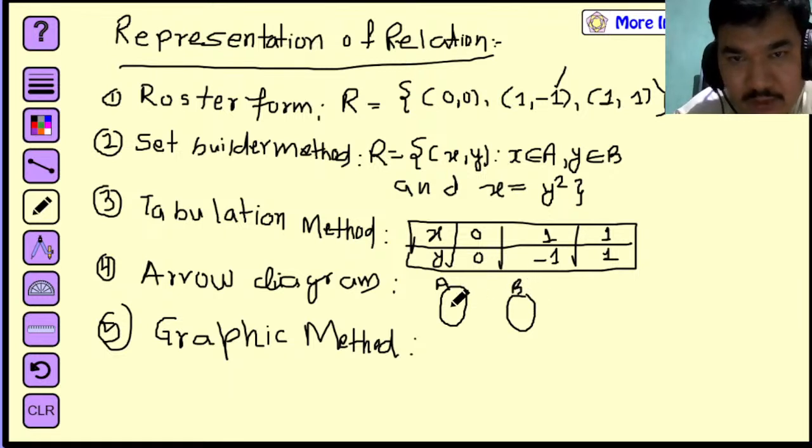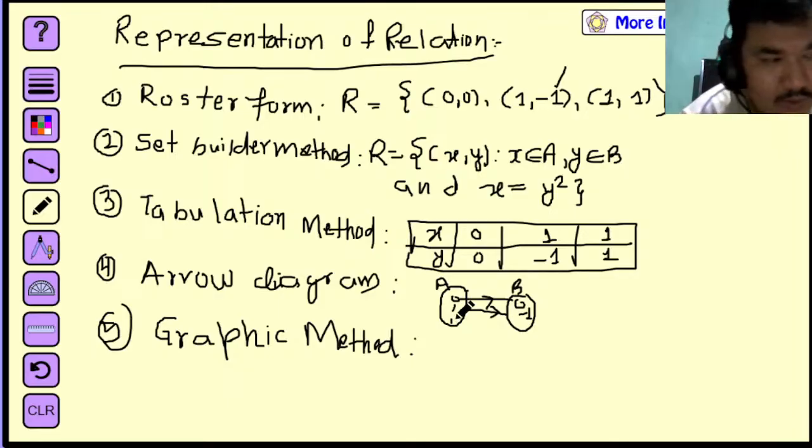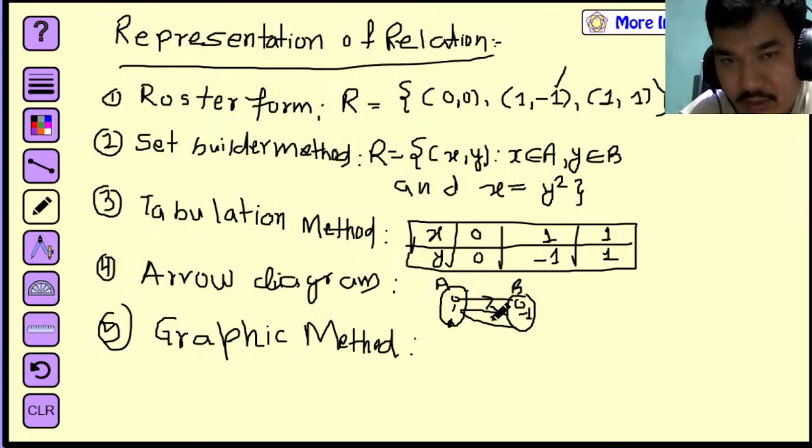First write here 0, 1, and we join this 0 to 0 with an arrow. It is compulsory to write the arrow, and 1 is the square of -1, so here an arrow. The same element we don't need to repeat, but here this one is also like this. 1 we can write here.